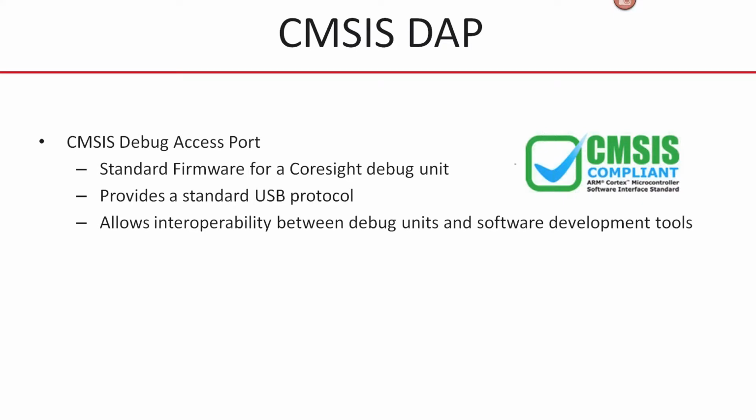There's also a debug specification within CMSIS, the CoreSight Cortex microcontroller software interface standard. So CMSIS-DAP is effectively a block of firmware that will convert a low-cost Cortex microcontroller into a CoreSight debugger. So this allows manufacturers to add a device to their boards to provide a debug port at very low cost.